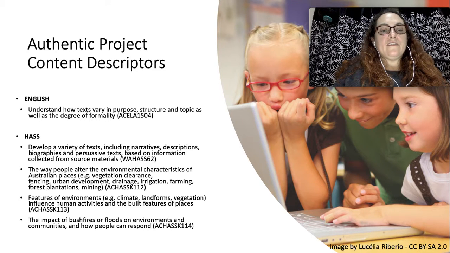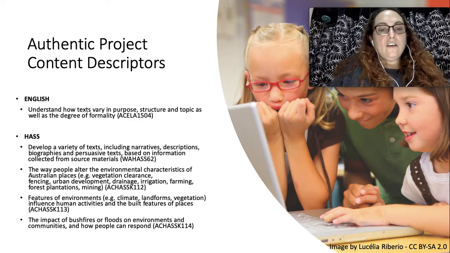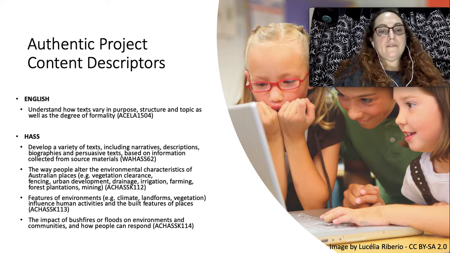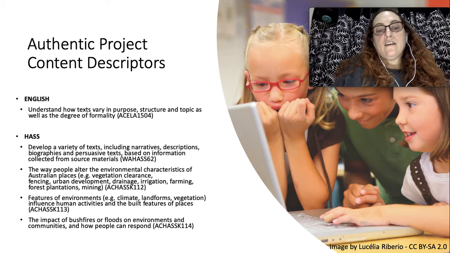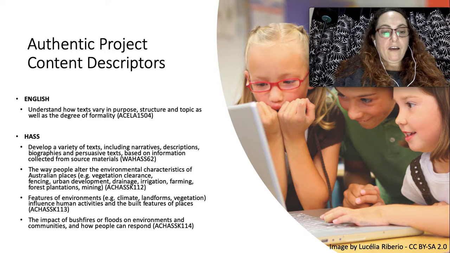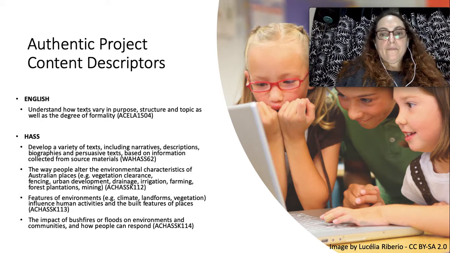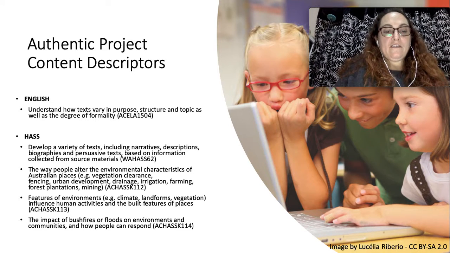And it covers 4 different content descriptors in HASS, from one specifically to do with developing different texts, through to 3 that are to do with different characteristics of the environment and how humans affect the environment, and the environment influences the way humans do things. And bushfires and floods, and how they affect the environment and different communities.